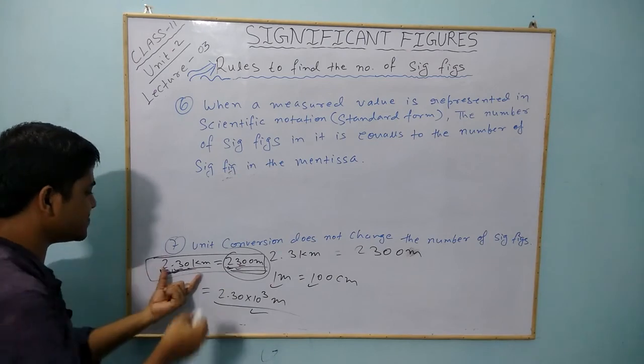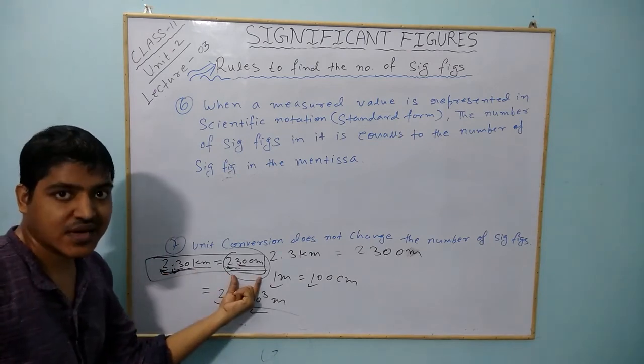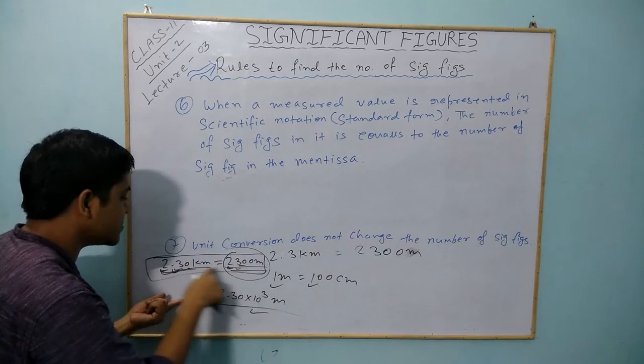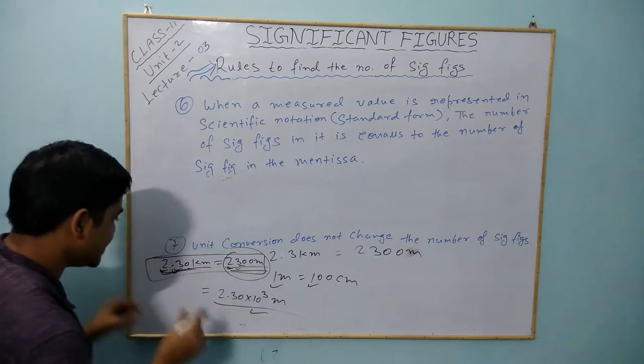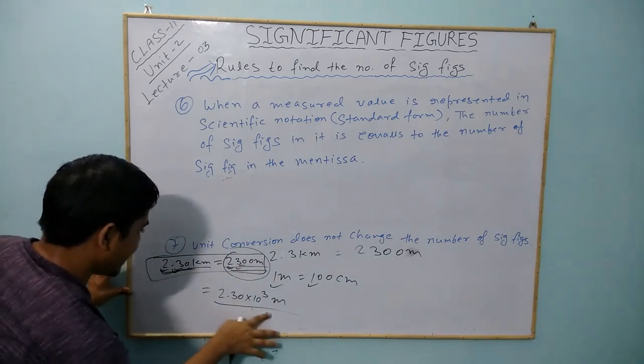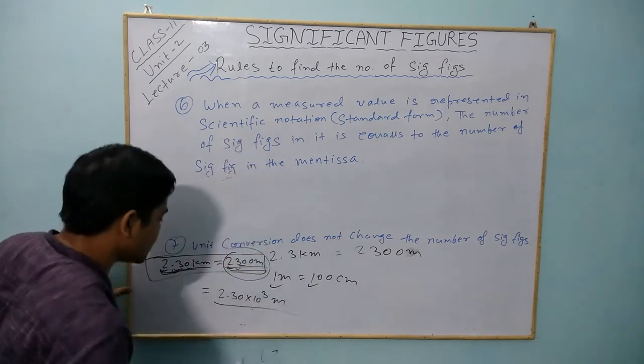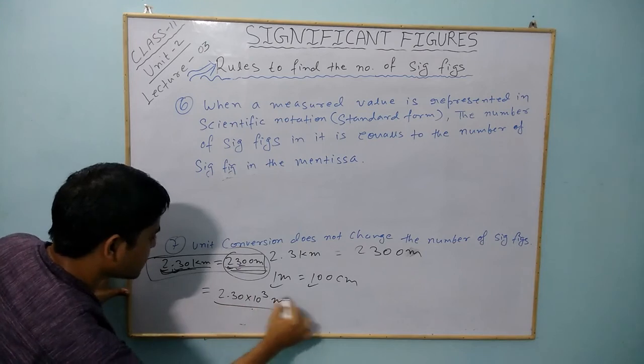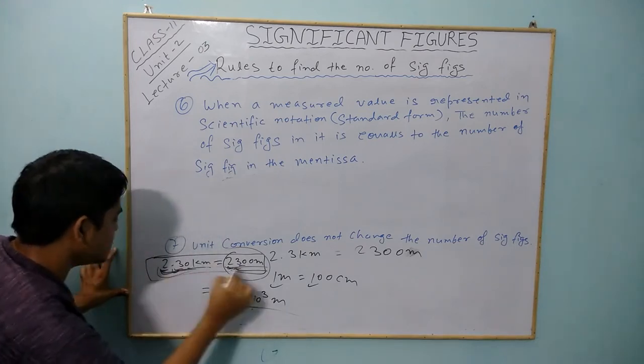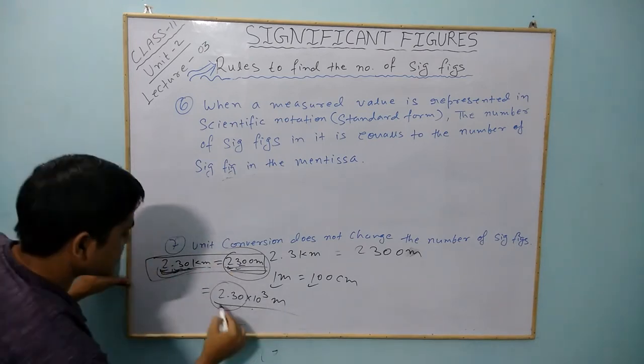That means this value is more precise than that value, and it cannot happen because you are just converting the unit from kilometer to meter. But when I represent 2.30 kilometers in standard or scientific form, 2.30 × 10^3 has 3 sig figs. So this is the correct way of writing it.